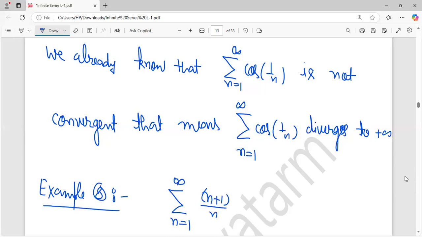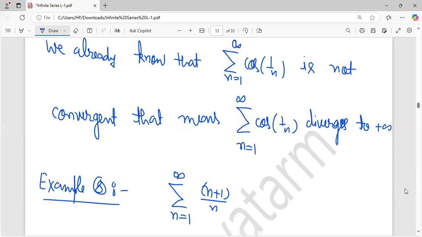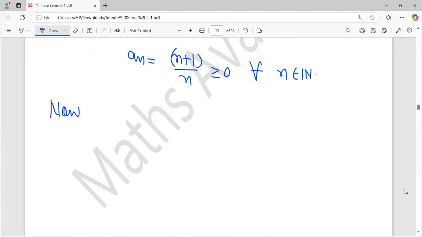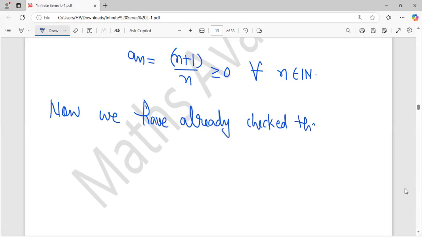Okay, now an is (1+n)/n, that is non-negative for all n belongs to N. Now we have already checked that this series summation of (n+1)/n is not convergent.